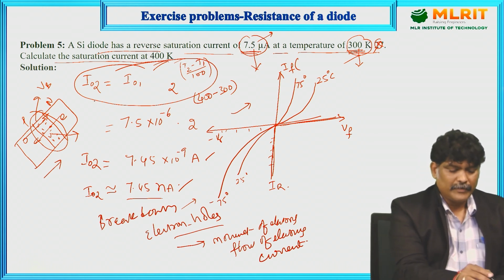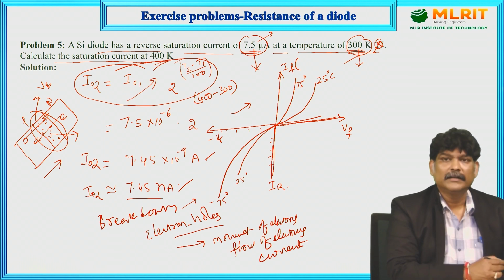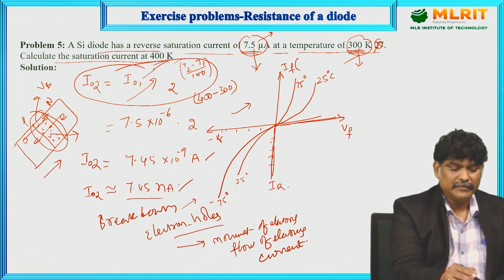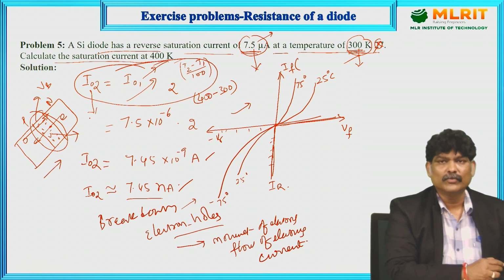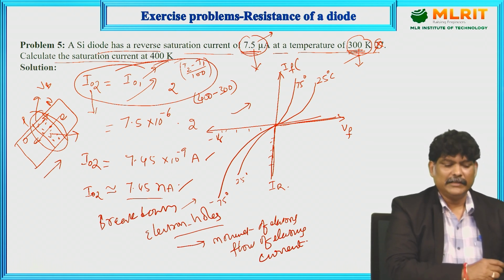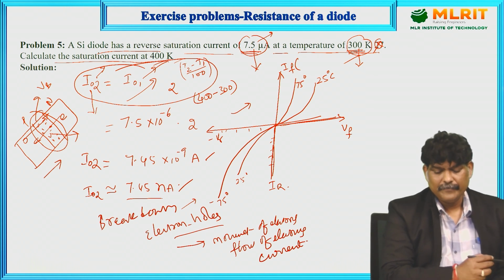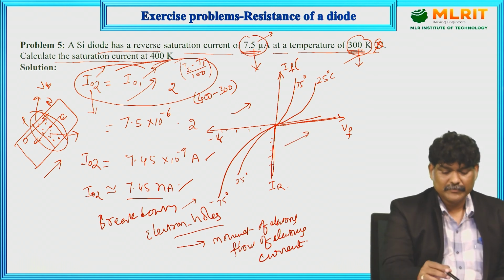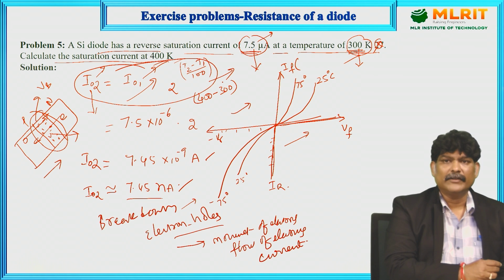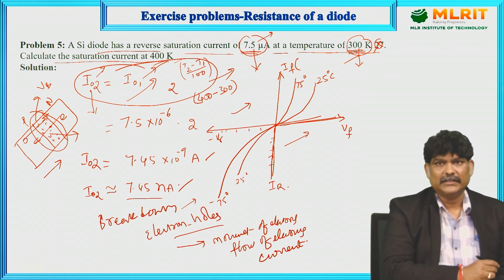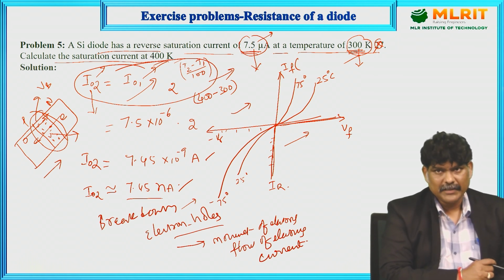So when temperature increases for a particular current, I1 is at temperature T1, I2 is at temperature T2, then we calculate with this equation. This is the expression for the diode reverse saturation current when temperature increases.